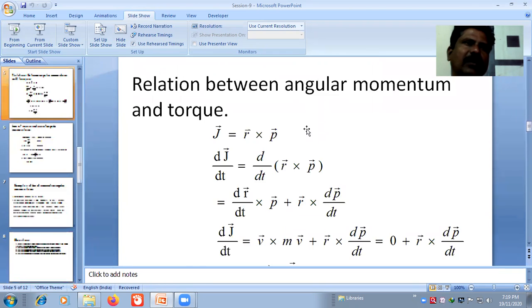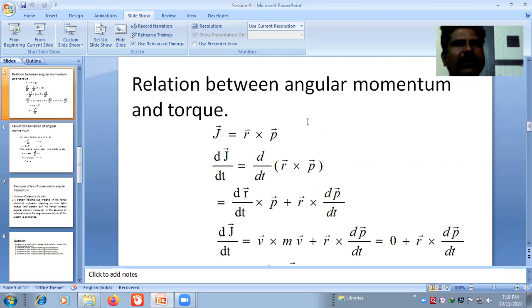So now let us see how to obtain the relation existing between angular momentum and another term, torque. For that I consider a particle of mass m rotating with a velocity v about a fixed point.